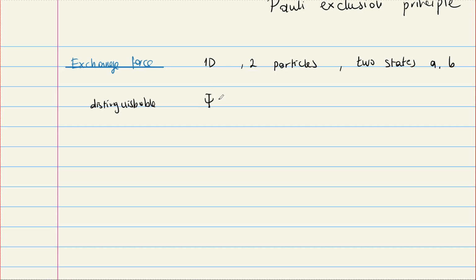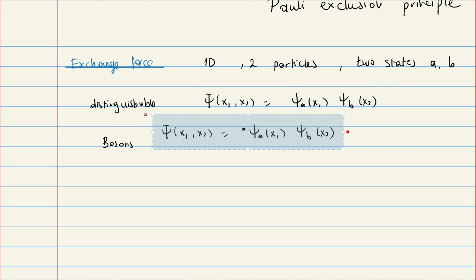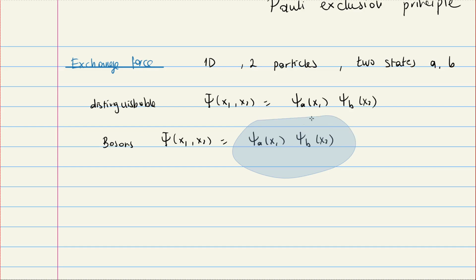In that case, psi x1, x2 is A x1 times B x2. I can have bosons. In that case, this psi is exactly this plus this term with 1 and 2 replaced.